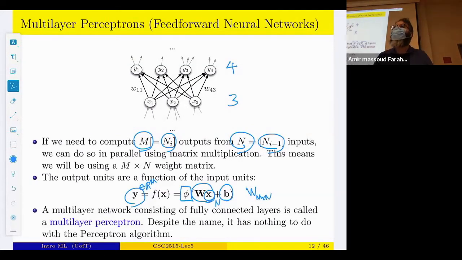Would each y be a scalar? Yes, each y is a scalar.